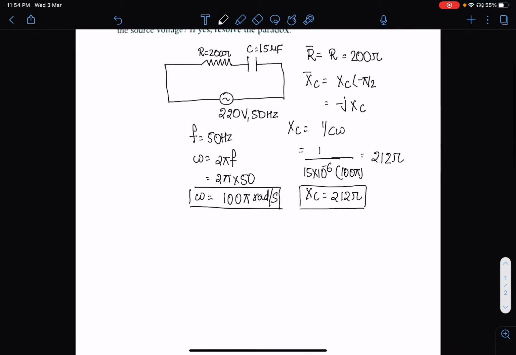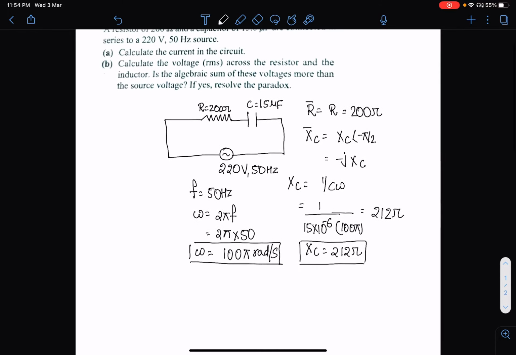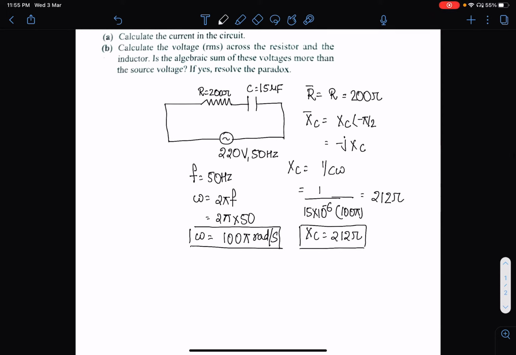Now we have to calculate the current. So first we'll calculate the impedance of the circuit. We'll write Z phasor as R phasor plus XC phasor.